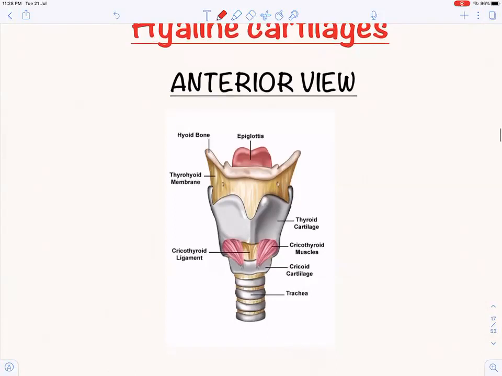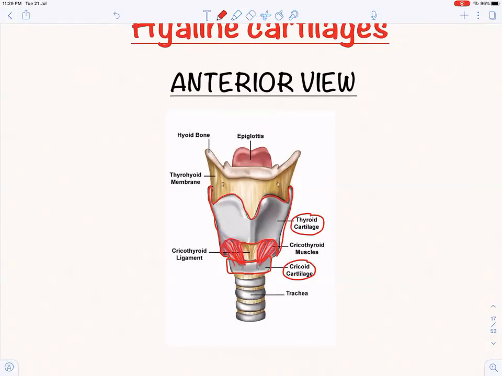This is the thyroid cartilage. This is the cricoid cartilage. This is the cricothyroid muscle.